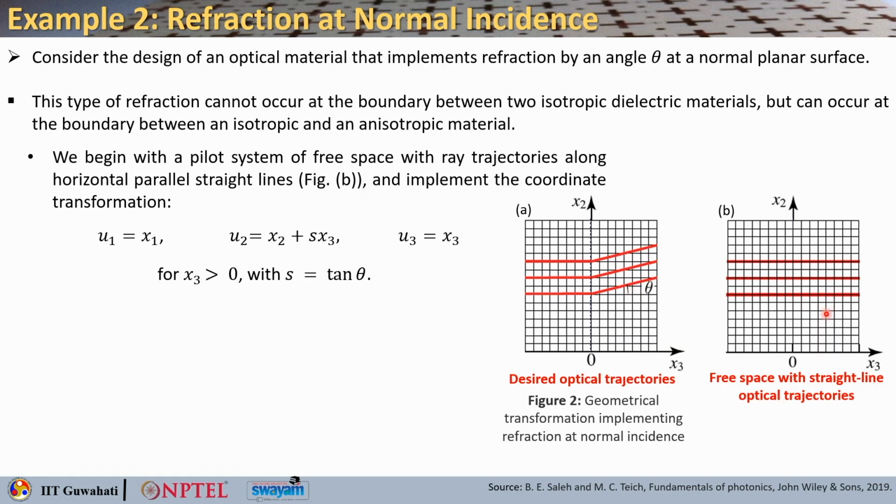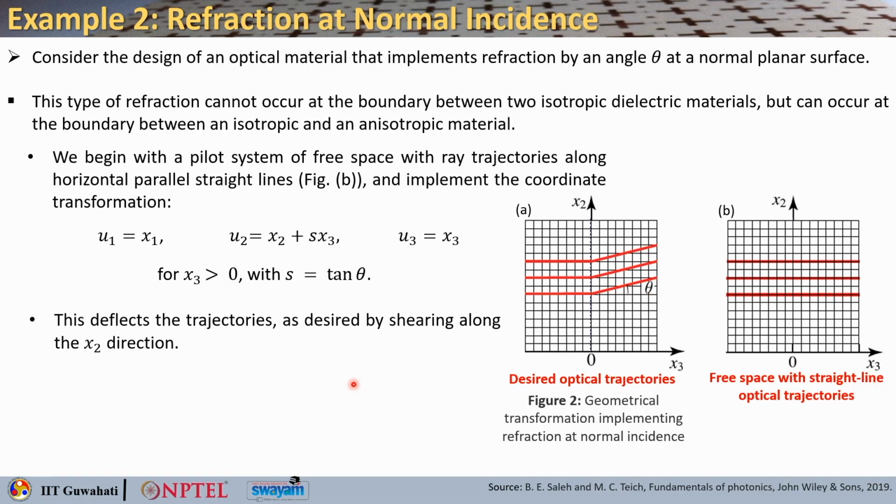If you do that, you get u1 equal to x1, u2 equal to x2 plus s x3, and then u3 remains the same as x3. This kind of stretching happens for x3 greater than 0, that is in the positive half plane, and s will now have the tangent dependency on theta.